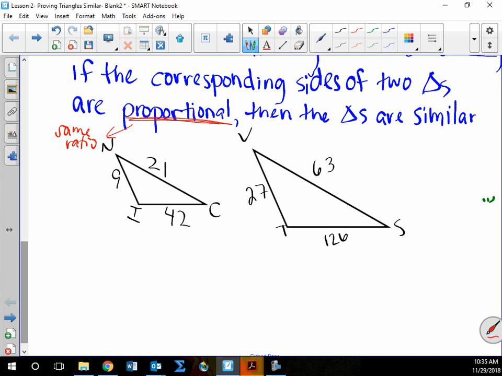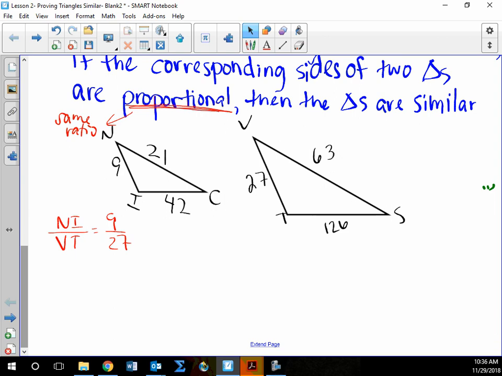Now, pictures can be flipped, turned, twisted, all kinds of stuff. They will try to mess with you, so make sure you match up small with small, medium with medium, large with large. All right, what's my smallest side over here? 9. So NI. And that was 9. And what's my smallest side over here? 27. So VT.